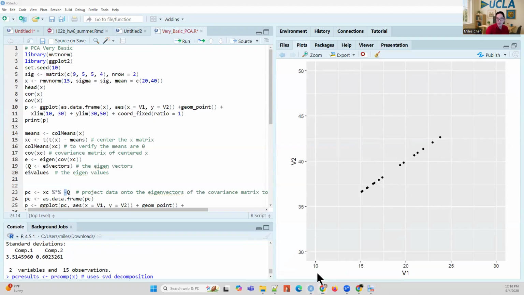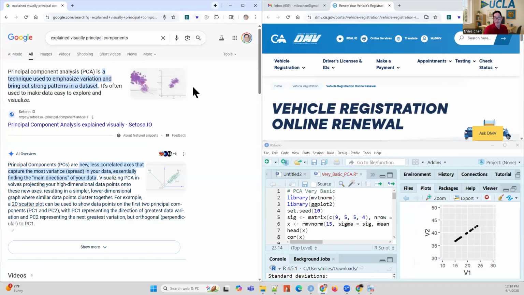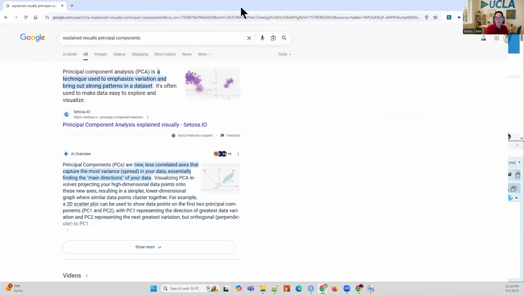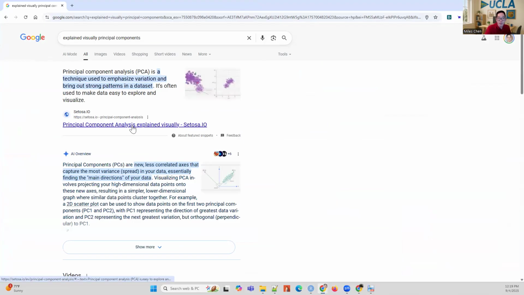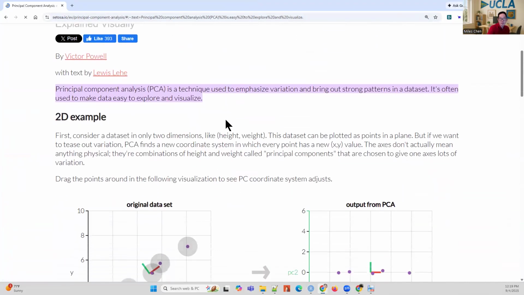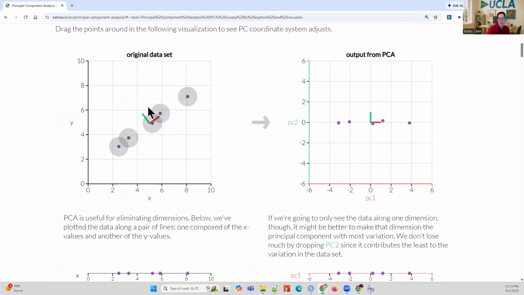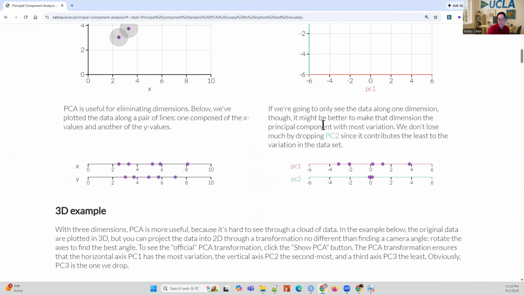There's another, let me just show a diagram here. Okay. So here's our data set, and then when you reduce it down, you get down to one principal component here.